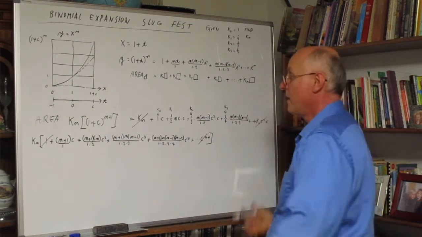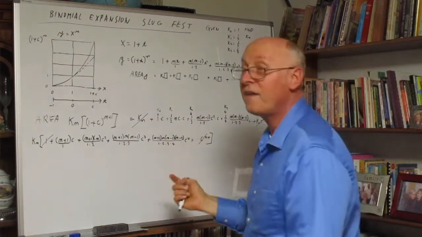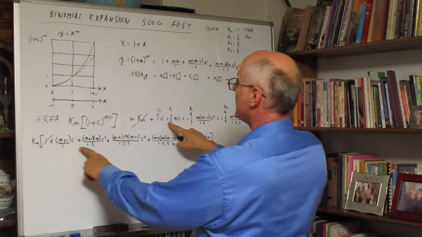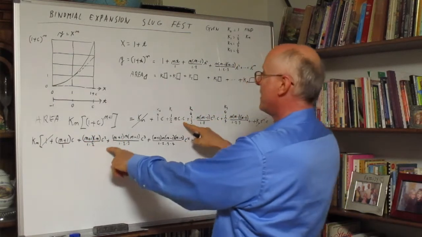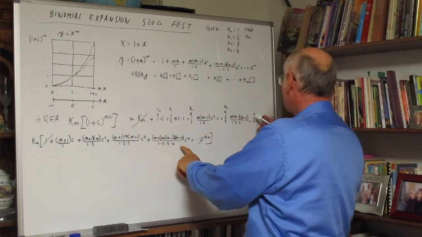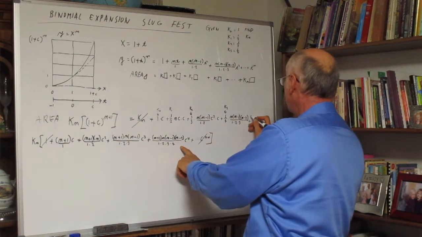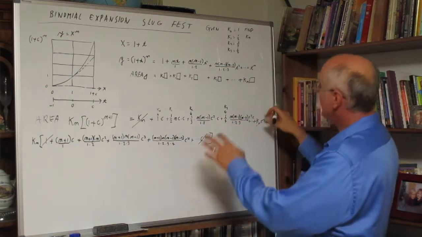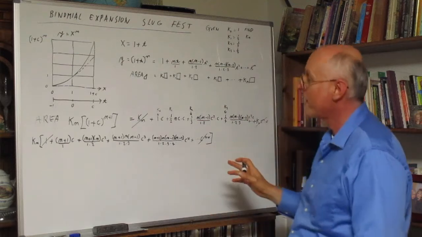That's gone. So all that we are left with are c terms, c squared terms, c to the third terms, c to the fourth terms. Oh, c, I forgot that. And so forth and so on.